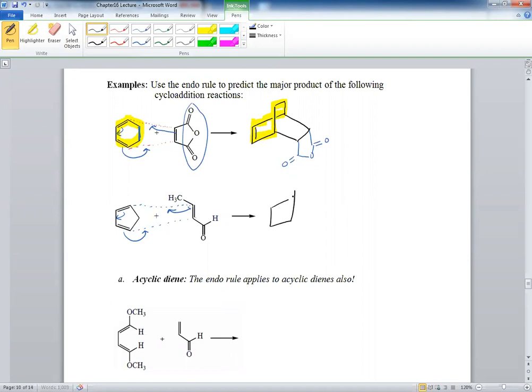Okay, so we have a flap now, not flat like we had in the cyclohexane ring. Let me redraw this. Here we go.